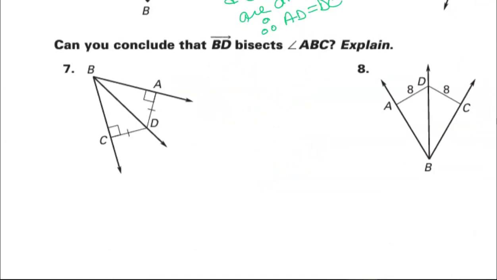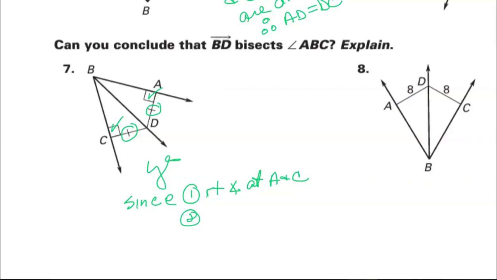Can you conclude that ray BD bisects angle ABC? Well, I've got the right angles. These are equal, so I can say yes, since we have right angle at A and C, and CD equals DA.